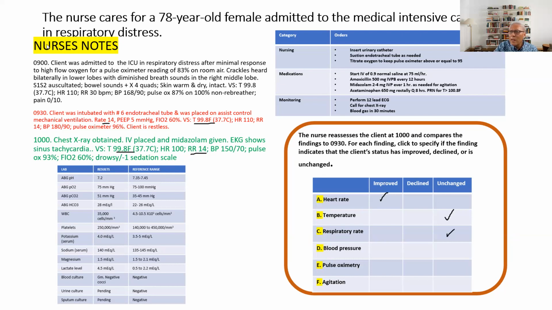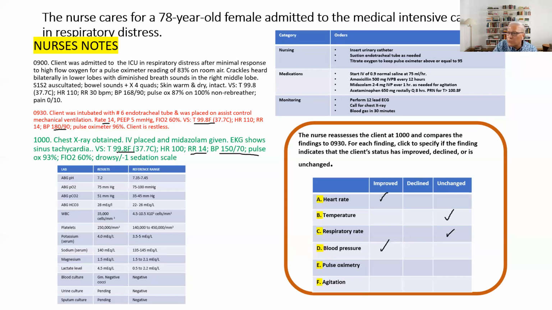Let's take a look at the blood pressure. The blood pressure was 180 over 90, and now the blood pressure is 150 over 70. Okay, Rhiannon is ahead. Improved, she says, and I agree. Whenever you are stressed, the blood pressure increases. And as you resolve the stress, you obviously decrease the blood pressure.